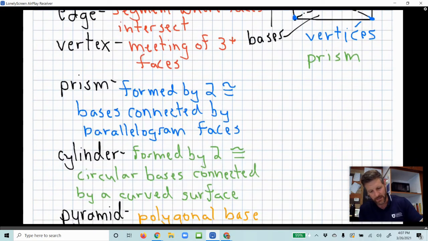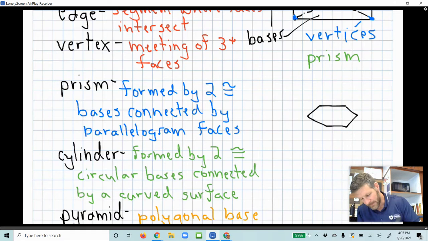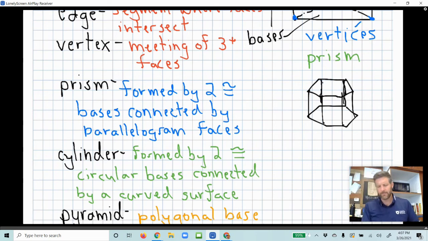So, for example, another example of a prism could be something like this. Make one a little fancier. Say you had a, whatever that is, hexagon. And as long as you have two of those, they have to be congruent, the same size, and then they're connected by parallel lines. Those back ones don't look very good. I'll just make them solid. Okay.